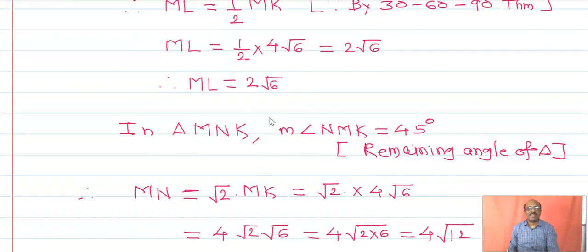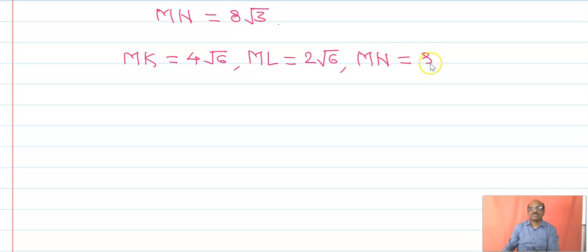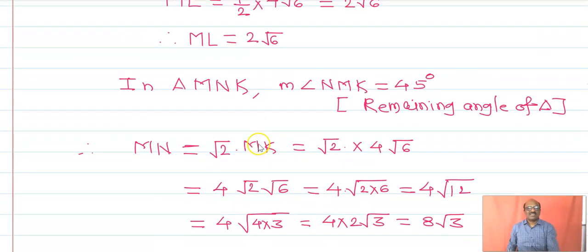Then ML is 2 root 6. And last is MN, which is 8 root 3. Okay, and these are the sides.